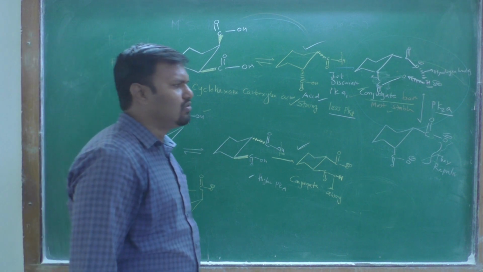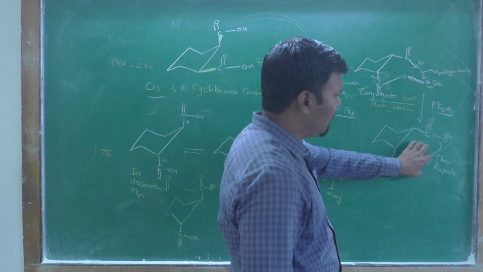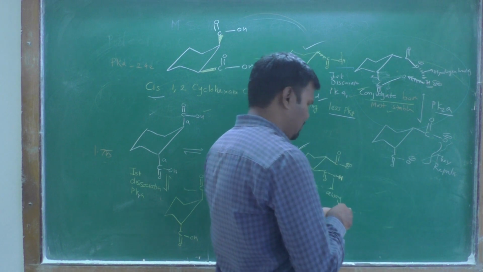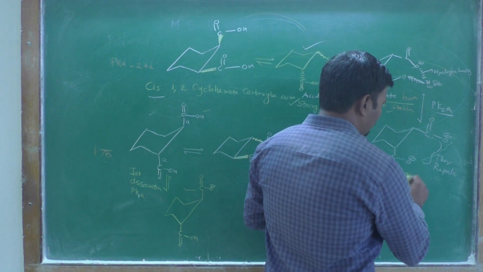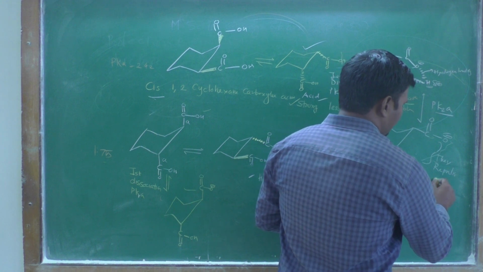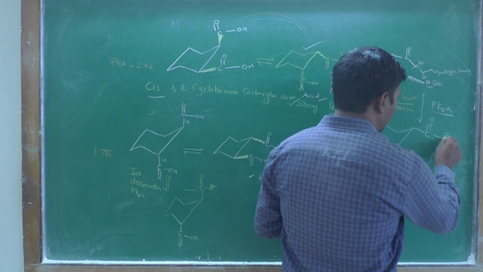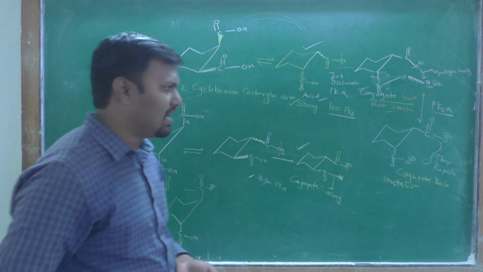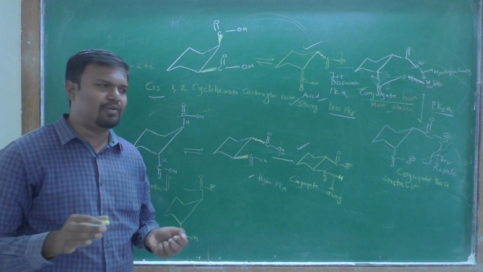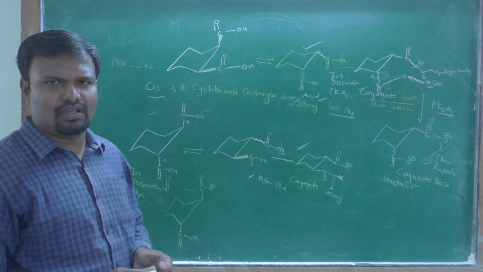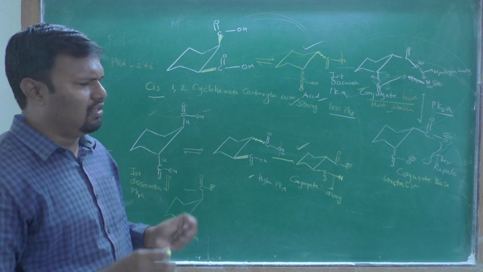Therefore after the second dissociation the conjugate base is an unstable base. Why is it unstable? Because there is repulsion between the negative charges, as both carboxylate ions are cis to each other, on the same side.